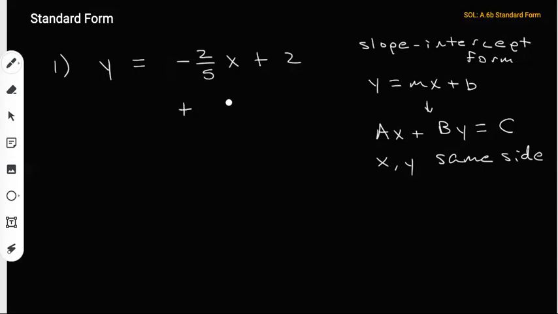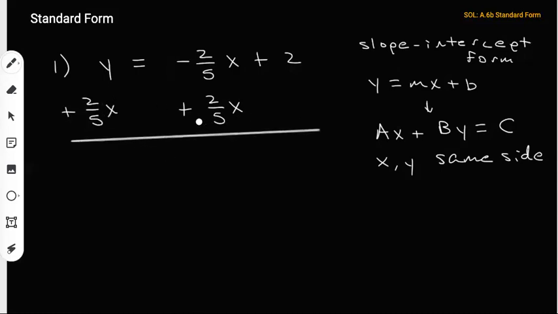I'm going to add 2/5 x to both sides. So what that does is that's going to cancel out the x's on this side, leaving me with just a 2. And then on the left side, I'm going to have 2/5 x plus y.